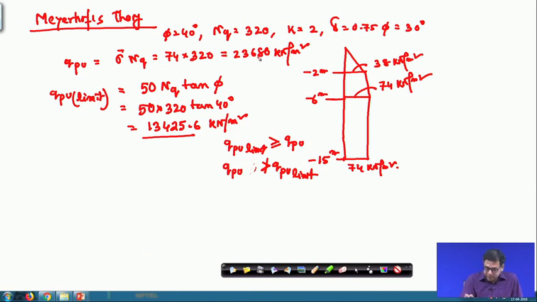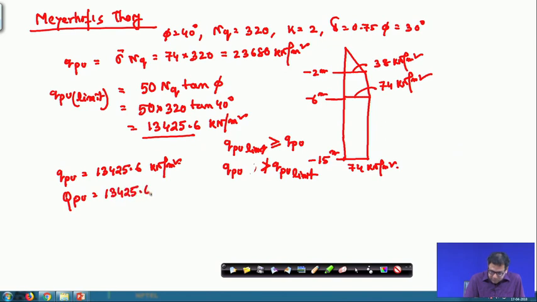That is why we have to consider our QPU equal to 13425.6 kilonewton per meter square. So, my QPU, the area is the same, 13425.6 into 0.071. So, that is equal to 953 kilonewton.